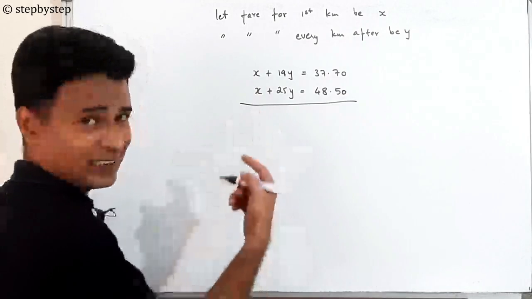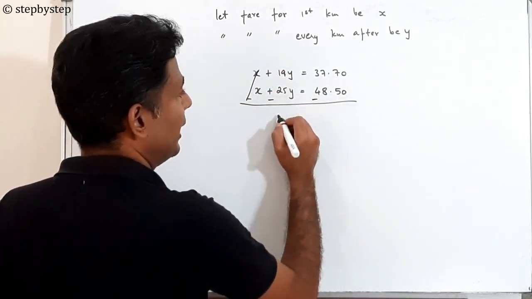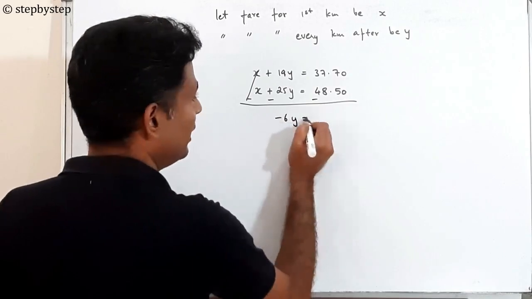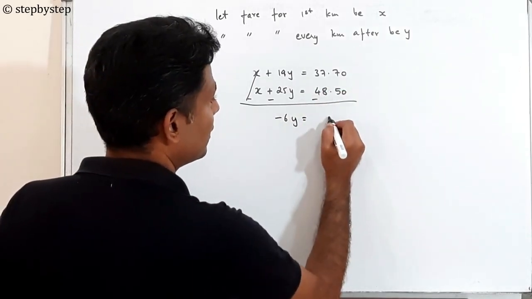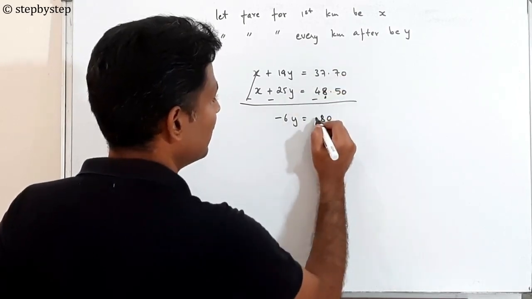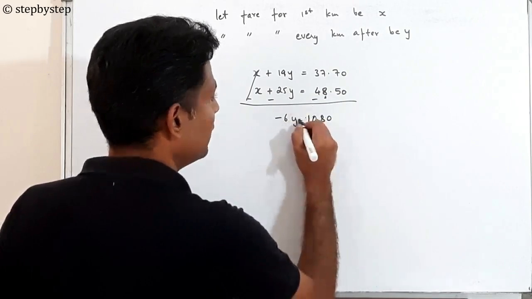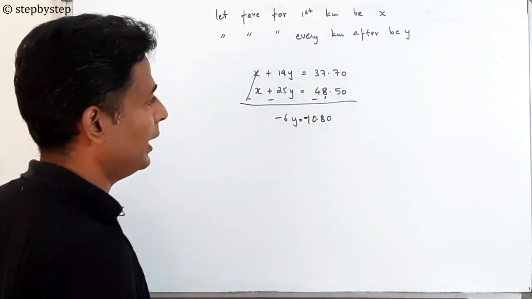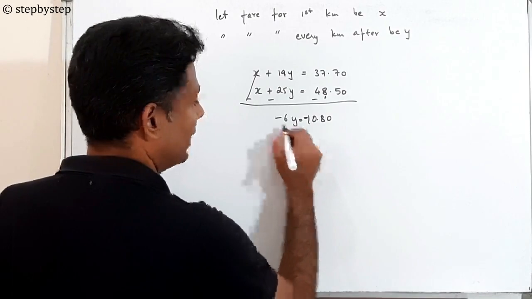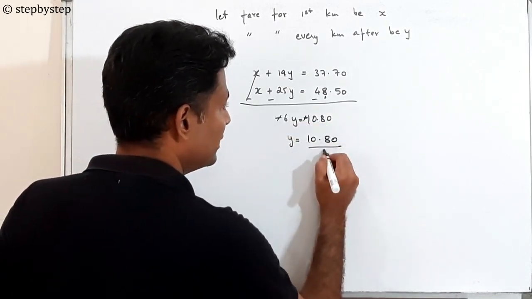We can directly cancel X because they are equal. So subtracting, this cancels. 19 minus 25 gives minus 6Y, and 37.70 minus 48.50 gives minus 10.80. The minus signs cancel, so Y will become 10.80 by 6.